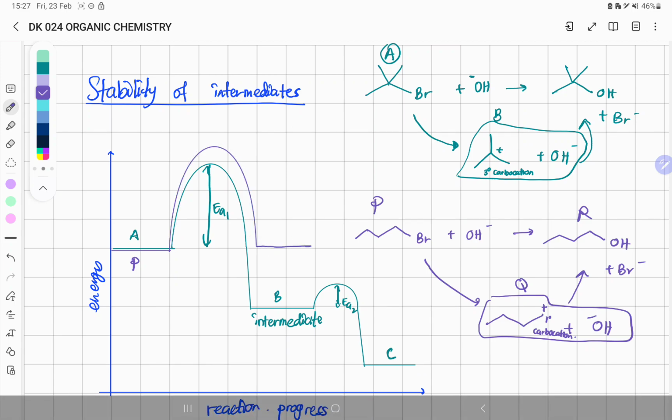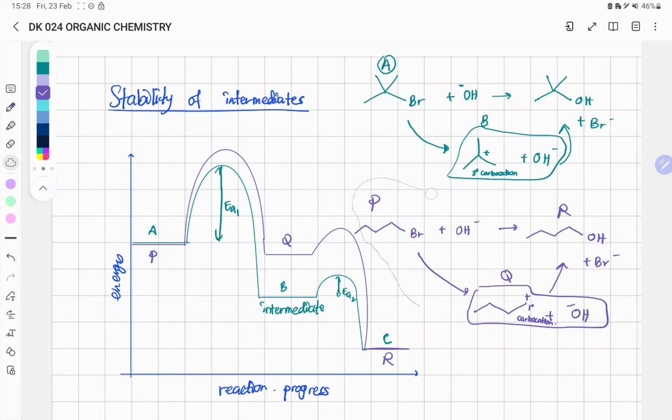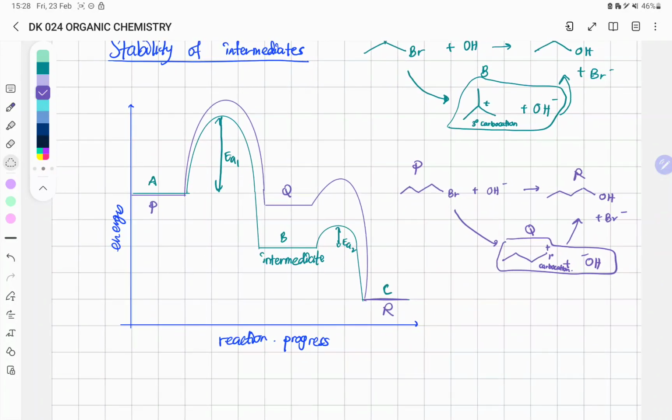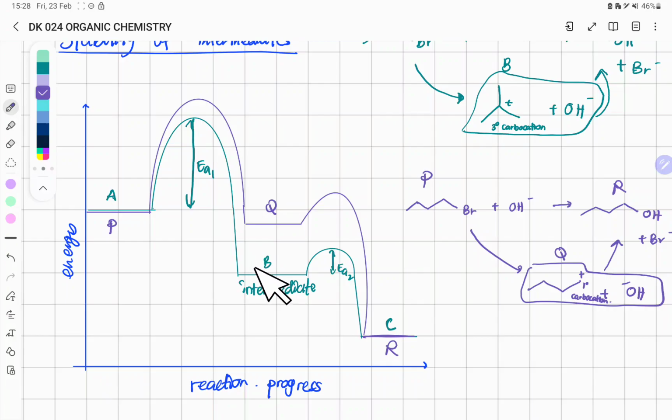Okay, dan dia dapat, okay, so ini adalah Q. Okay, so kalau kita tengok yang warna purple ni, okay, intermediate dia, tenaga dia lagi tinggi daripada yang B, betul?